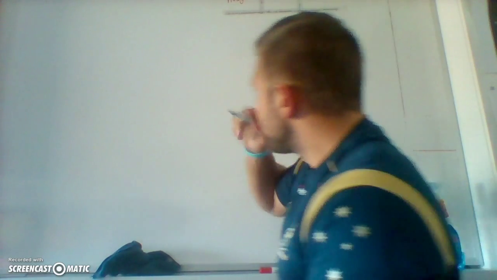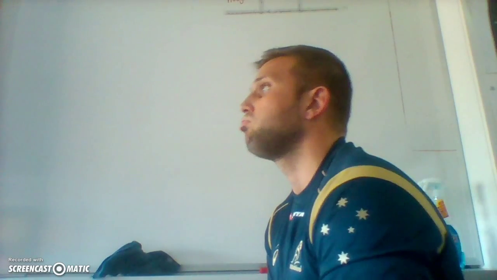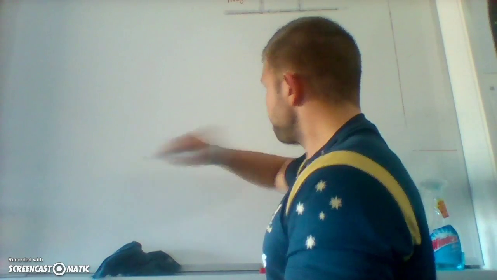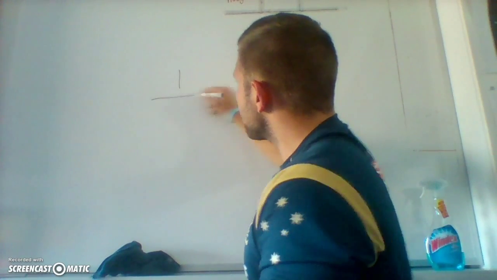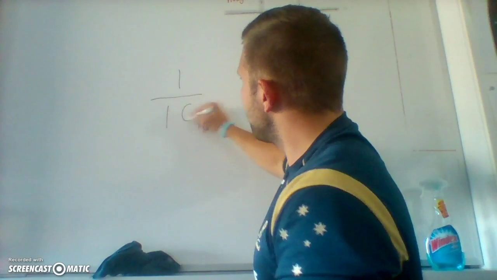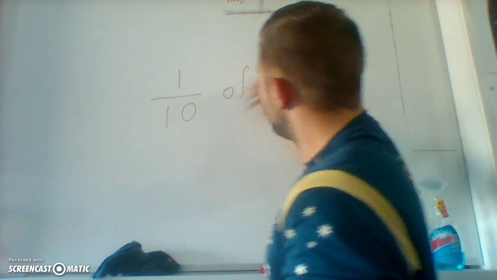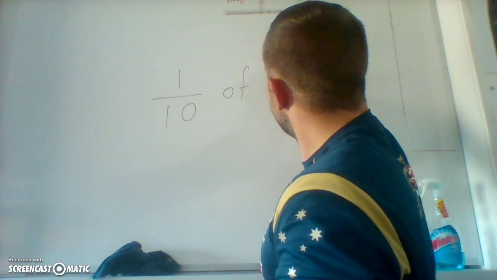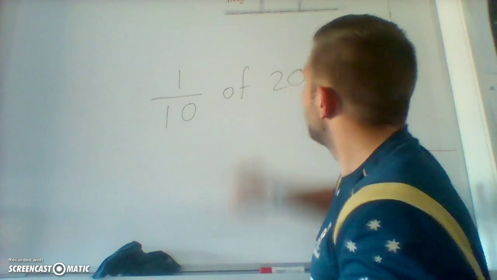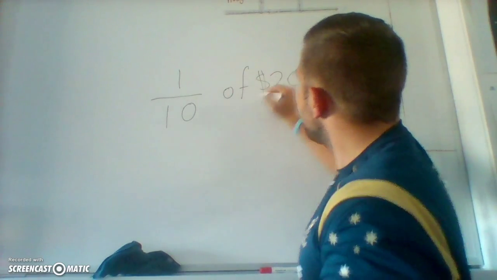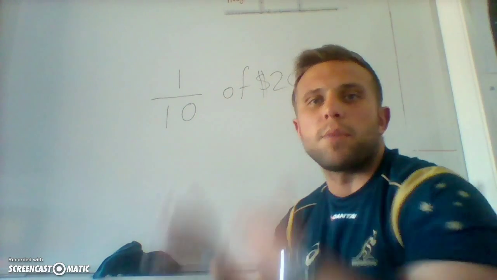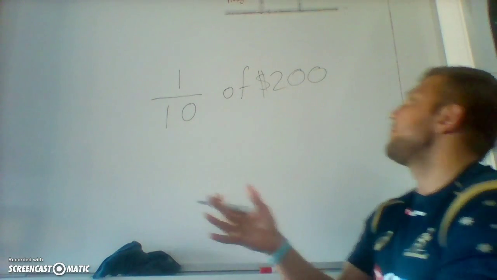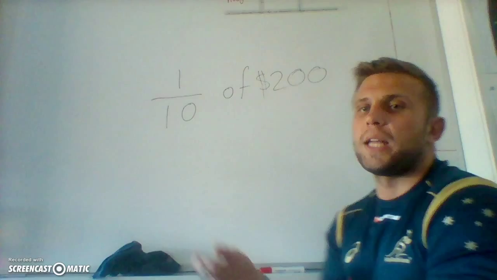So let's go: 1/10 of $200. Now, tenths are easy, but I'll show you the algorithm first, and that way we'll be able to figure it out using more difficult ones later.